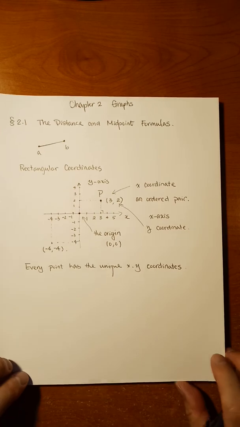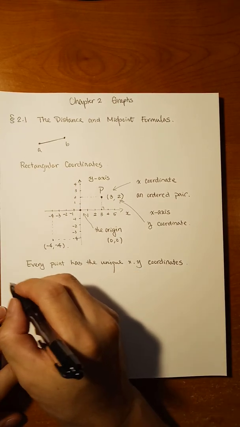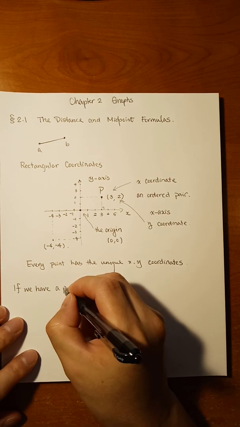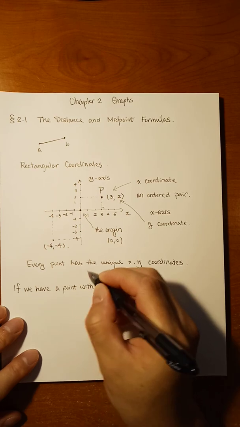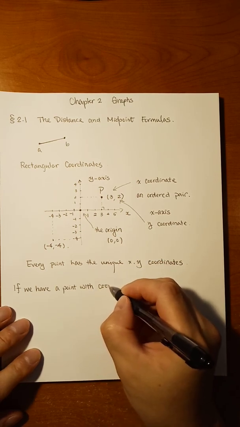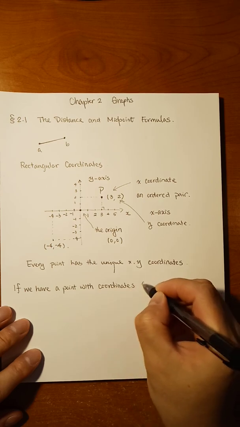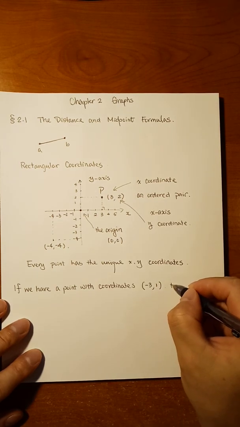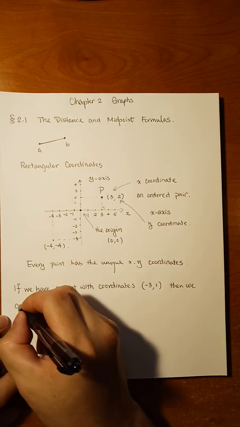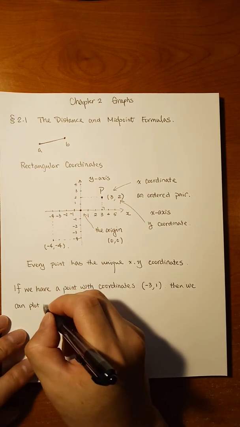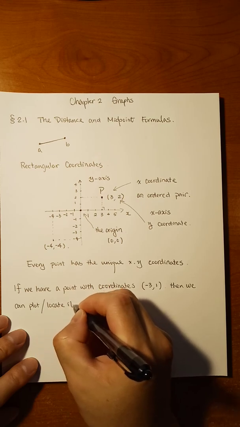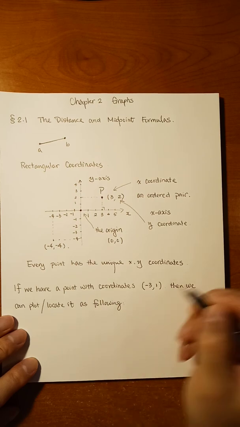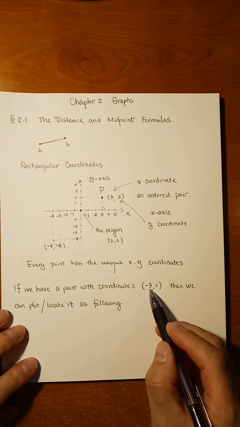All right? Okay, so for example, now if we have a point with coordinates -3, 1, then we can locate or plot it as follows. First, you check x. x is equal to -3.